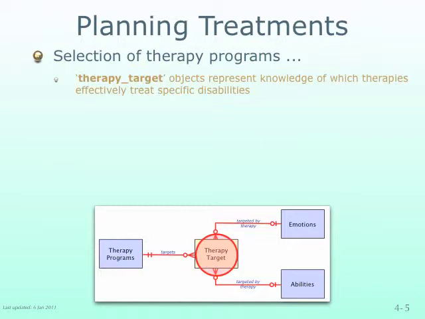This knowledge is expressed in the following relationship. A therapy program may target many abilities or emotions, and an ability or emotion may be targeted by many therapy programs.